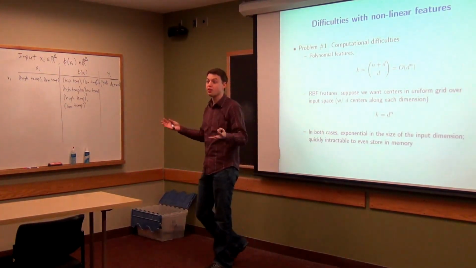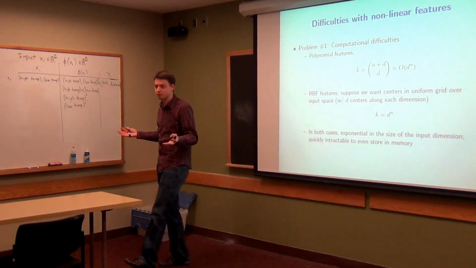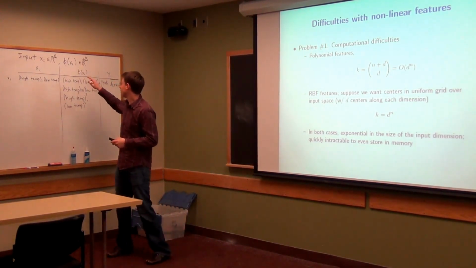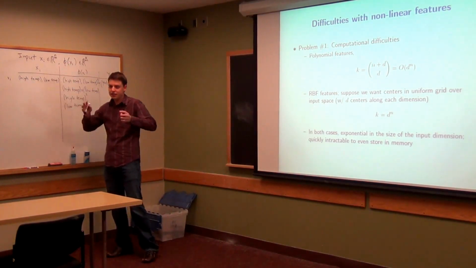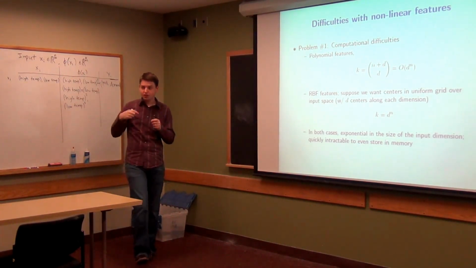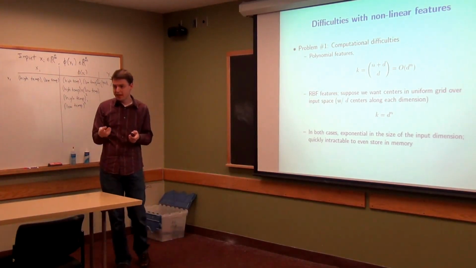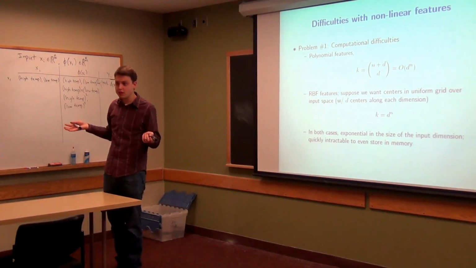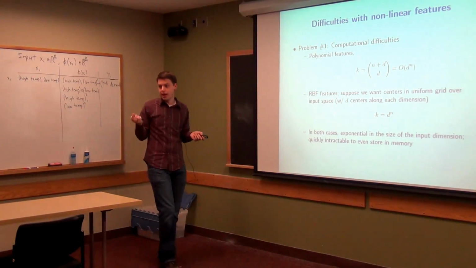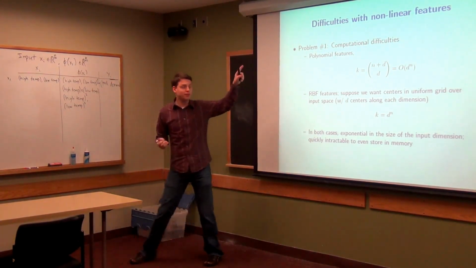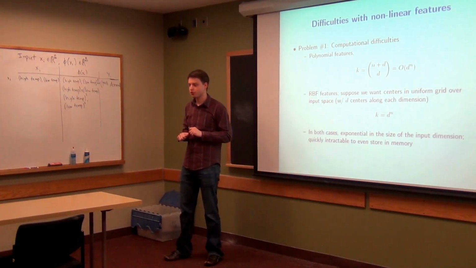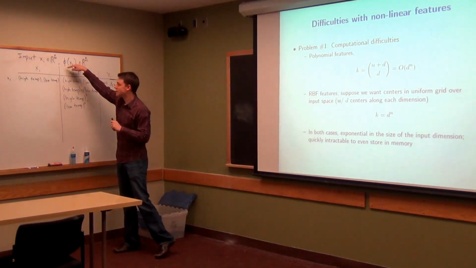That still gets really big really fast. So that was the problem here: even if n and d are relatively small, k will still be huge. If we want to compute all those features and store them in a big matrix phi, that's going to be really hard to do. And that was the fundamental computational problem with high-dimensional feature vectors.